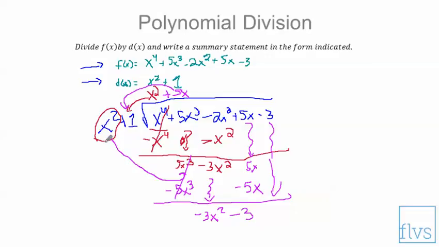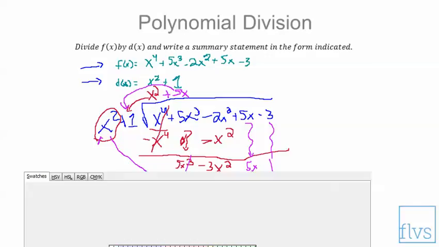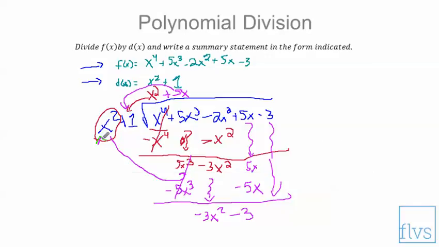So now ask yourself, how many times will x squared, let's change colors for good visuals here. Nice pretty green. We go to x squared, how many times will it go into negative 3x squared? Well, it will go in negative 3 times. Negative 3 times x squared is negative 3x squared. And negative 3 times 1 is negative 3.